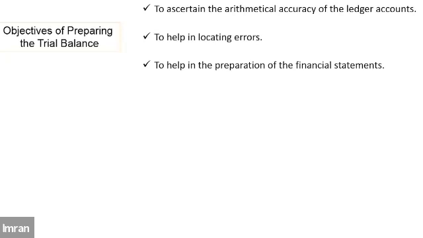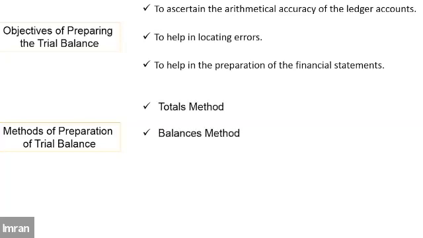We also covered the objectives: trial balance is prepared to ascertain the mathematical accuracy of the ledger accounts. It also helps us to locate errors, and it helps in the preparation of the financial statements. And we understood there are various methods by which trial balance can be prepared, which include the total method, balance method, and total cum balance method.